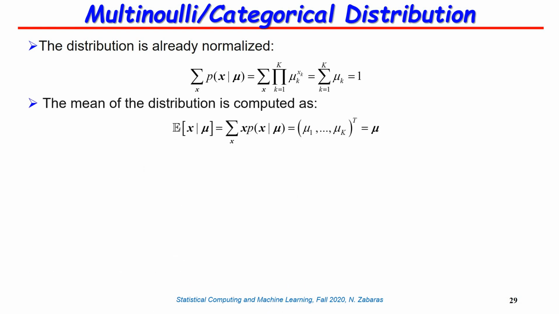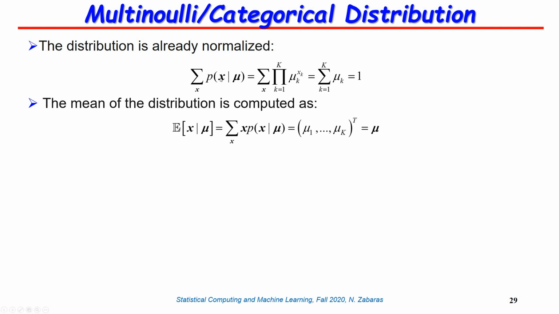You can actually compute the mean and the variance for this distribution easily. The easiest way is to use the results from the Bernoulli distribution.